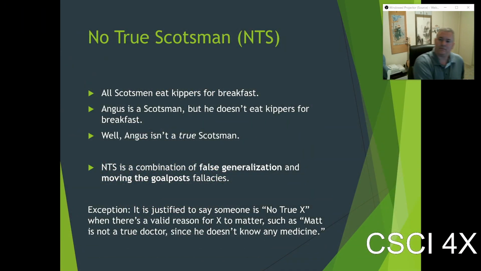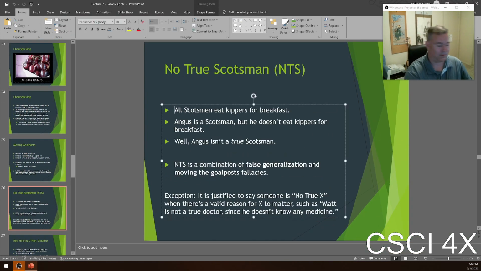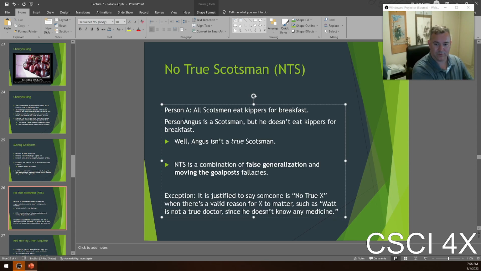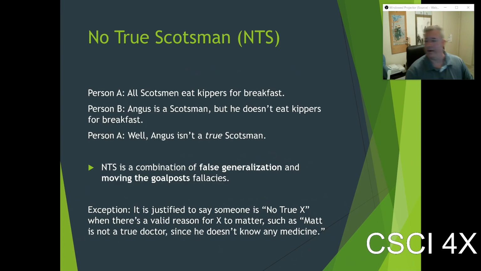So person A makes the claim, all Scotsmen eat kippers for breakfast. Then person B says, well, Angus is a Scotsman, but he doesn't eat kippers for breakfast. I should probably change this so you can see that this is person A, and this is a different person, person B. To which person A responds, well, Angus isn't a true Scotsman.